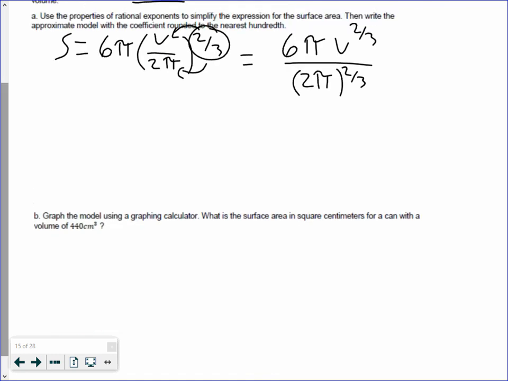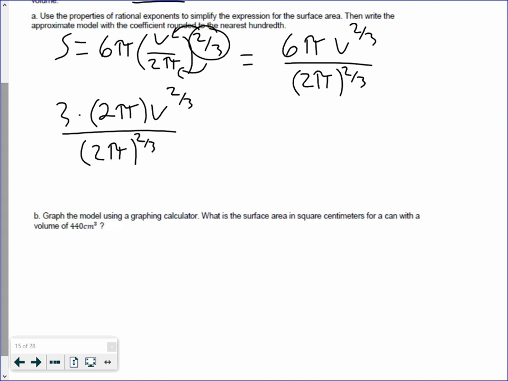And then for the top, I'm going to rewrite it as 3 times 2π times V to the 2/3, all over (2π) raised to the 2/3. The reason why I broke up the top like that is so I have the same base of 2π on top and bottom. So from here, I can subtract the bottom exponent from the top one.